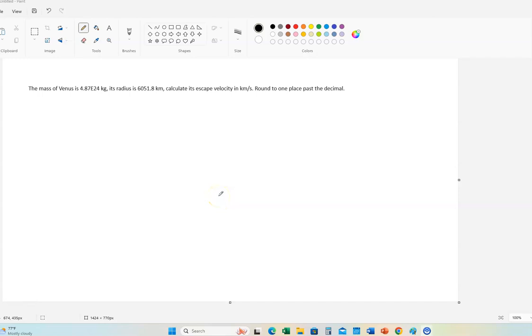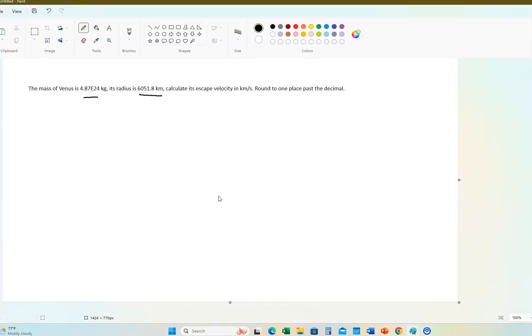All right, here's number 13. Calculate the escape velocity from Venus given the mass of Venus in kilograms and the radius of Venus in kilometers. Of course, we already know that the radius has to be in meters. So it's 6051.8 kilometers. 1 kilometer is 10 to the third meters.